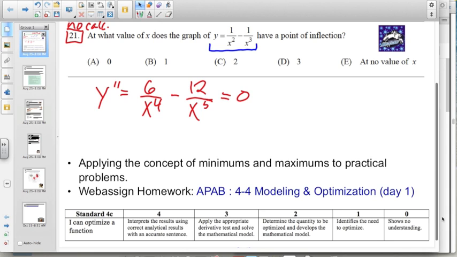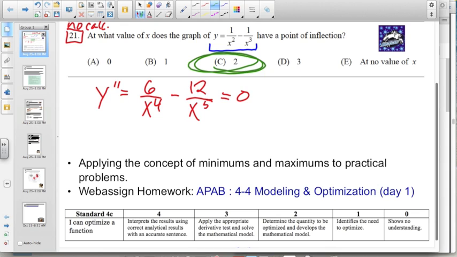Alrighty. So consensus is? 2. You're right. Okay. So answer is 2.